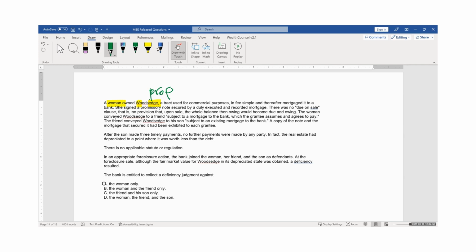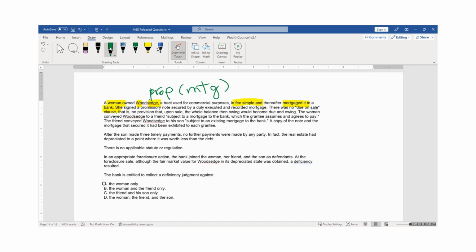It could possibly be trespass, but they also use the term fee simple. It's a huge indication, and then mortgaged it to the bank. So not only should you gather it's a property question, but it's a mortgage question. So get your thoughts into the frame of mind of a mortgage property question.